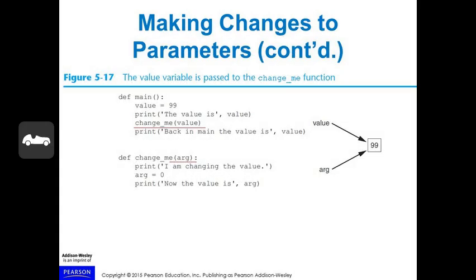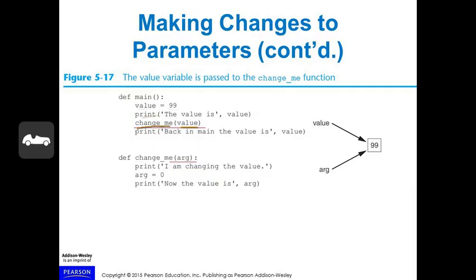So in this example, the main function defines a variable value equals 99, and then this line of code will print the value is 99. And then the change me function is called. So it's calling the change me function right here by passing in this argument value to the change me function.